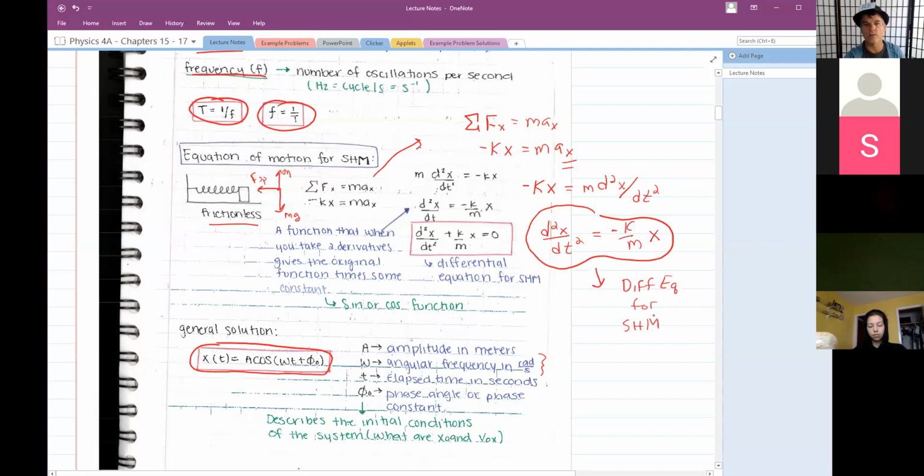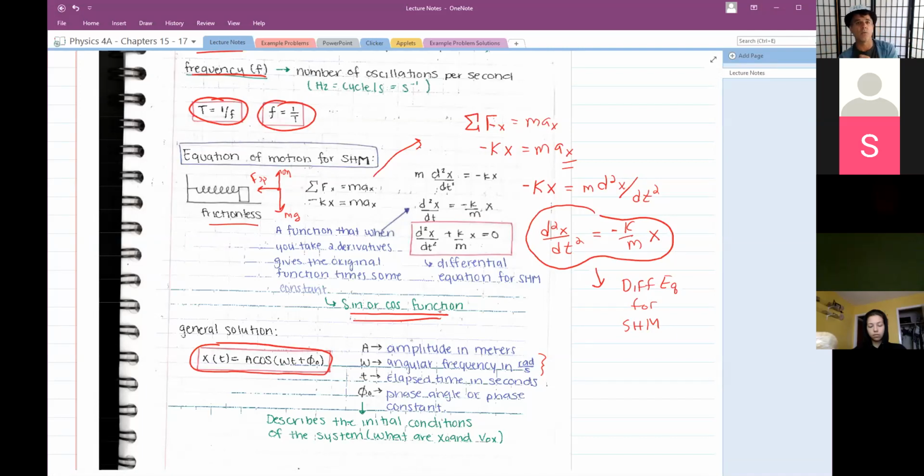So in essence, what I'm looking for is what kind of function, if I take two derivatives of it, returns the original function times some constant which is negative. And the answer you probably know is either sine or cosine. If I take two derivatives of sine or two derivatives of cosine, I'm going to get sine or cosine back, but with a negative constant out in front.